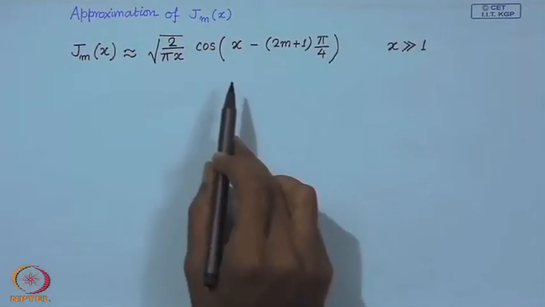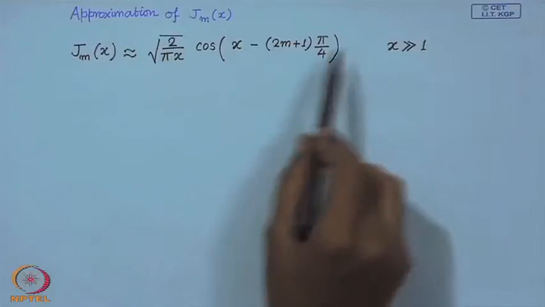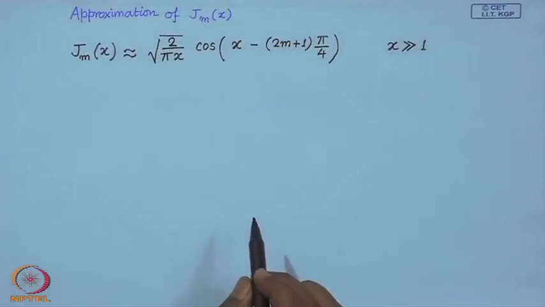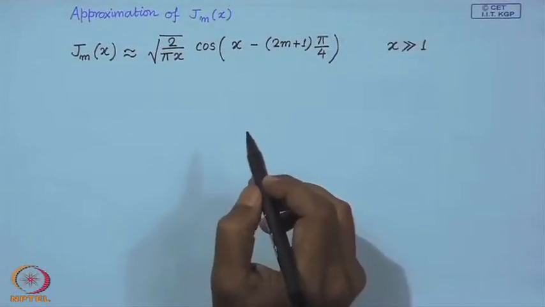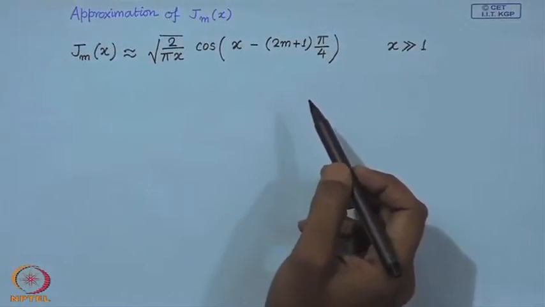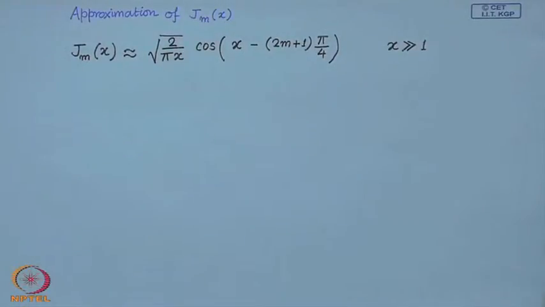So, for large arguments we have this approximation, and let us see how good this approximation is.